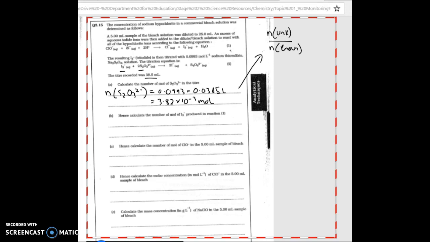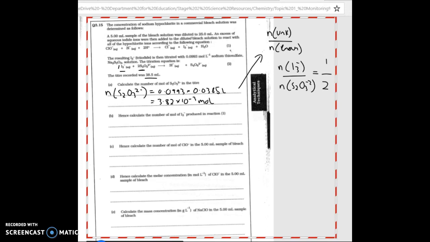In this case it's the number of moles of I3 minus, the one we're trying to work out, divided by the number of moles of the thiosulfate ion, S2O3 2-. That equals, if you look on here, 1 mole of I3 divided by the 2 moles we have of the thiosulfate.